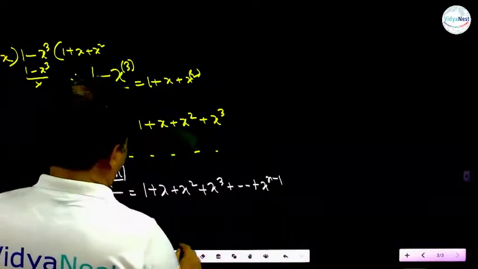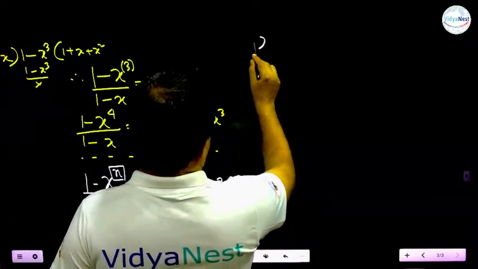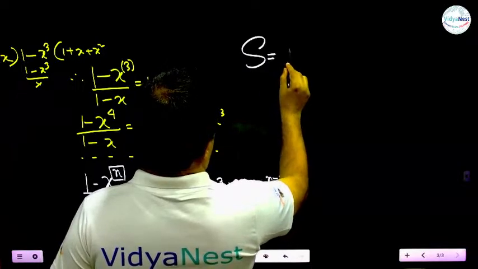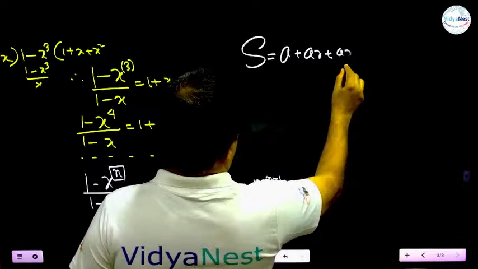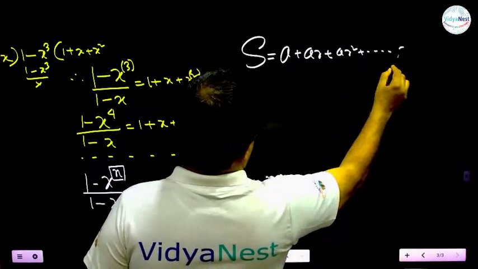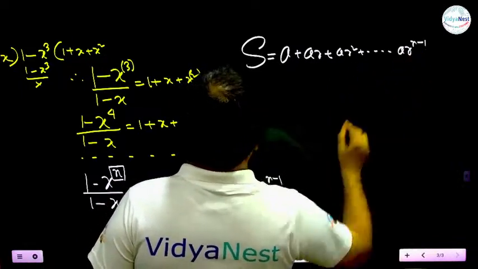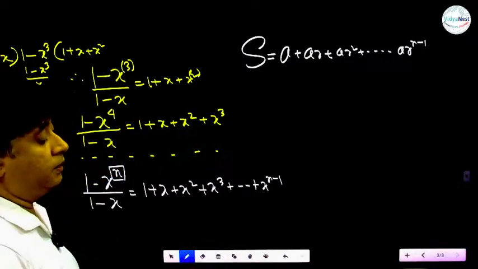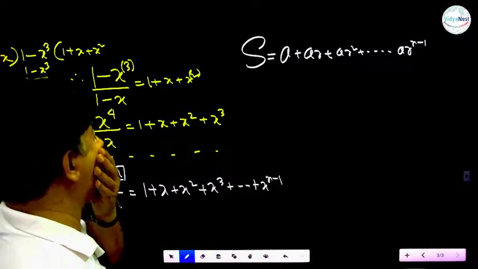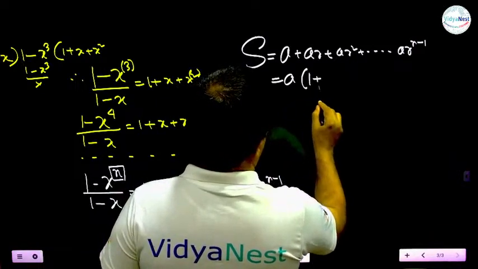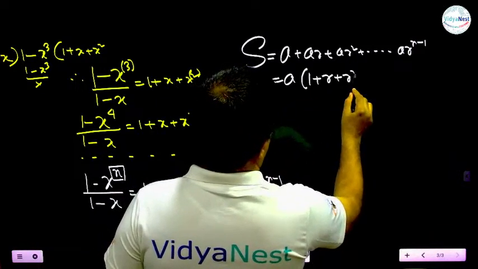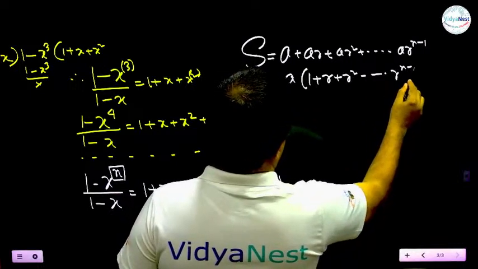See, in GP: A, AR, AR square, up to AR to the power n minus 1. Now, if I take A common, what will be left in the bracket? This.